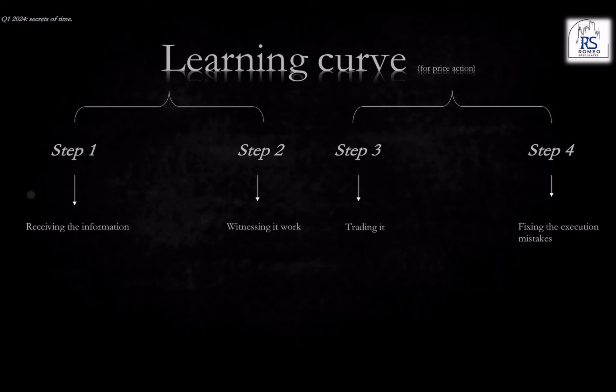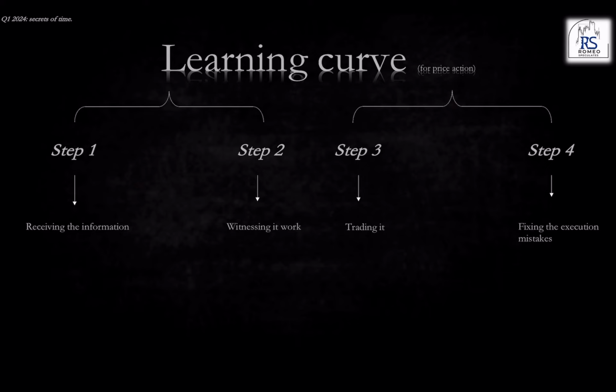The learning curve, step 1, receiving the information. Step 2, witnessing it work. Step 3, trading what you witnessed work. Step 4 is fixing the execution mistakes. Because forget profiting for a second. If you focused more on correcting the losses, then the only result is a profit, right?